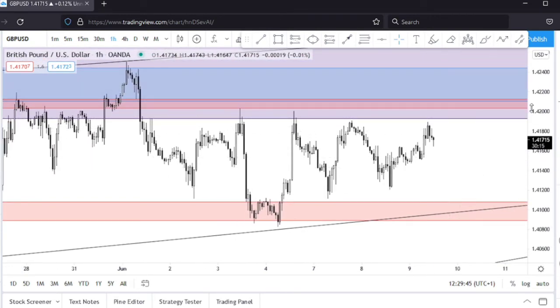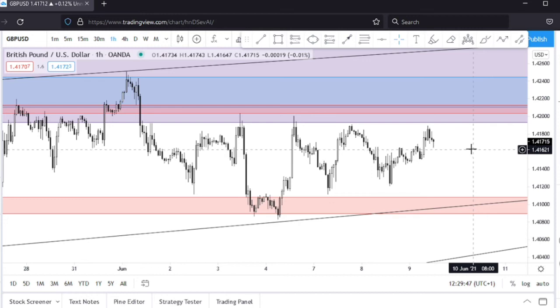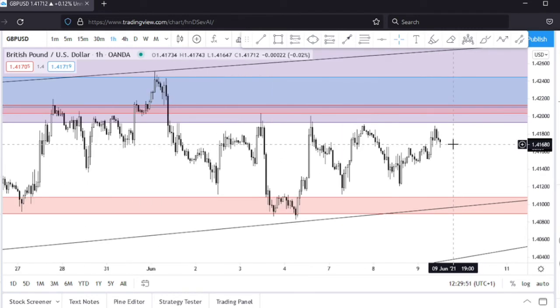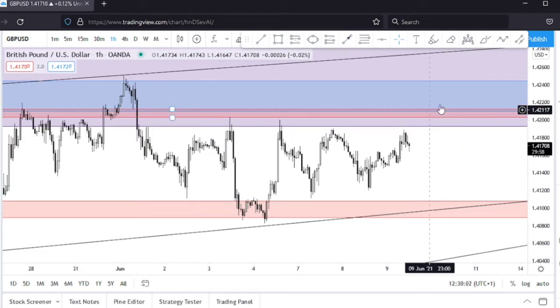I can't really see any good opportunity on the 1 hour time frame. But when price gets to this red area over here, it's an area that I'll be looking for sell signals if I want to day trade. But you have to be very careful and make sure that you have a tight stop loss in this area if you're going to sell, because anything can happen with price.